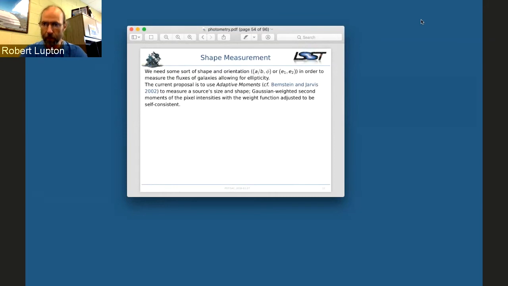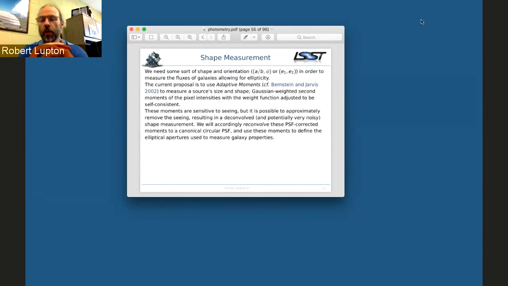They are reasonably robust in the limit of not very high signal to noise. We're actually going to correct those so that small objects are round. Exactly how this works turns out to be trickier than it was when I first invented this proposal, but we need to do something.